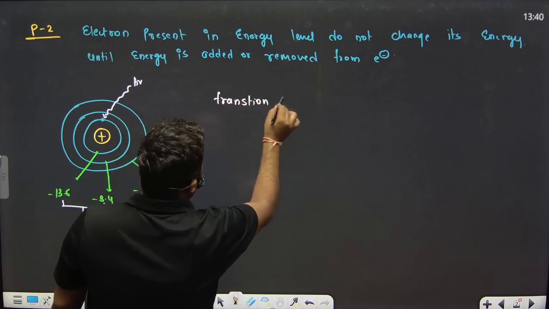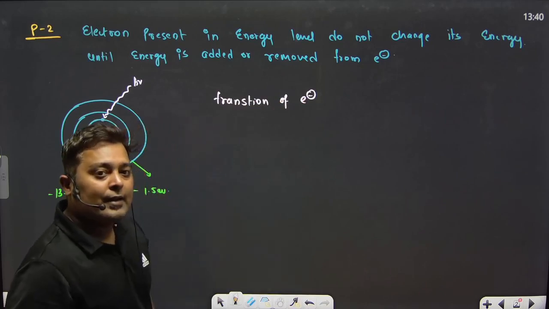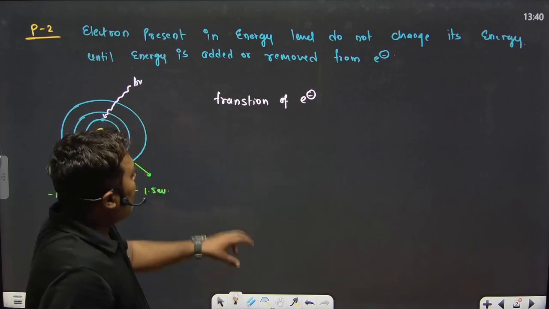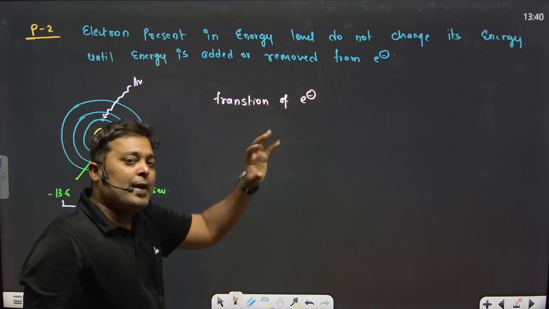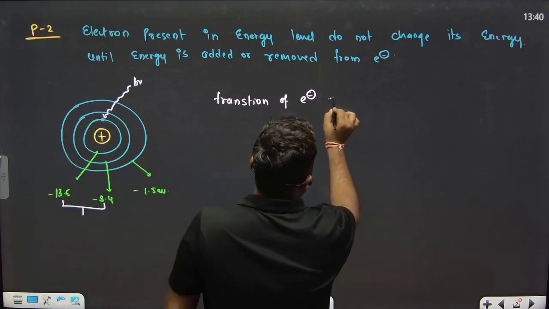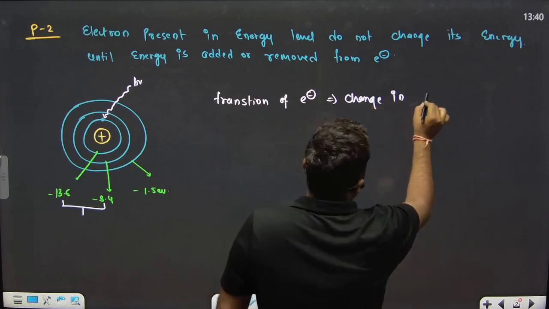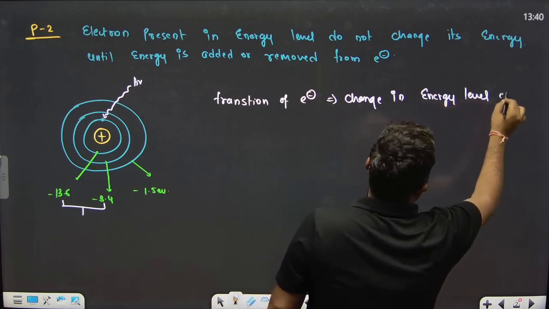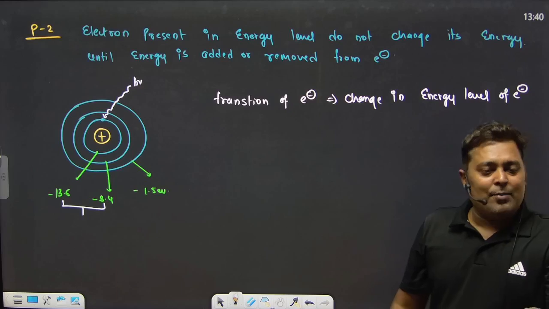Transition of electron. What does the second postulate talk about? This second postulate talks about the transition of electron. It wants to say that an electron does not undergo transition by itself. Transition of electron means change in the energy level of the electron. The electron is not going to change its energy level by itself.